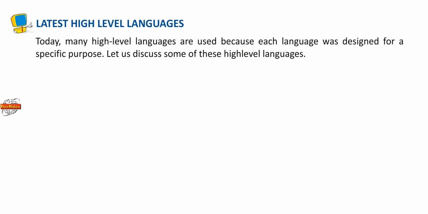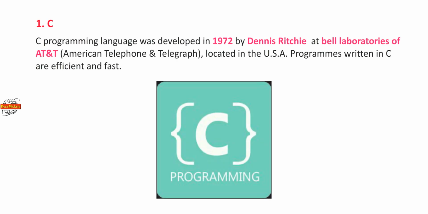Latest high-level languages. Today, many high-level languages are used because each language was designed for a specific purpose. Let us discuss some of these high-level languages. C. The C programming language was developed in 1972 by Dennis Ritchie at Bell Laboratories of AT&T, American Telephone and Telegraph, located in the USA.